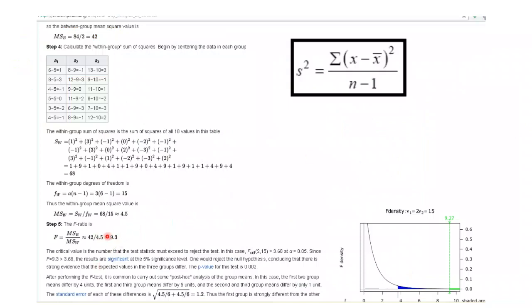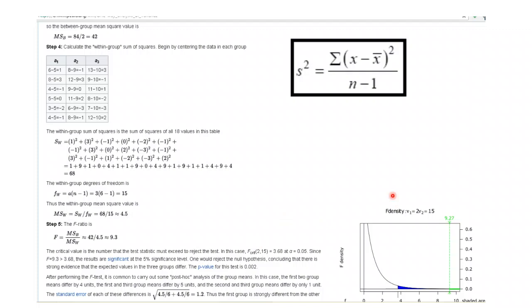What does this represent? Now, the critical value is the number that the test statistic must exceed to reject the null, to reject the test. In this case, for the F distribution, 2 is the degree of freedom df1 and 15 is df2.